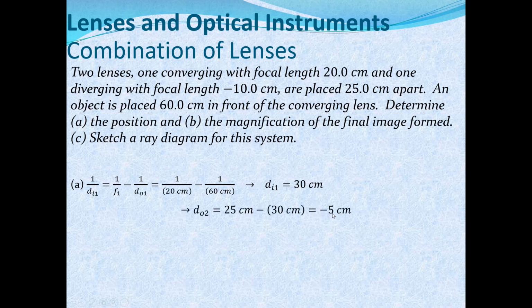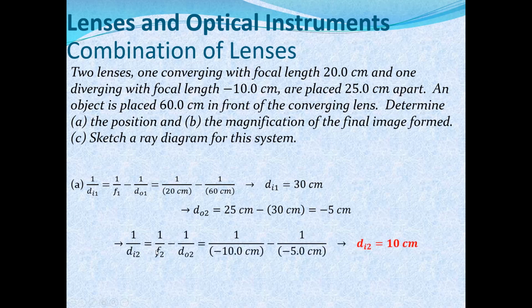And I'm going to make sure it's negative because it's being formed on the right side of the diverging lens. Remember, our notation is that if it's on the left side where the light is coming from, that's when it's positive for object distances. So my object distance for the diverging lens is going to be negative 5 centimeters.